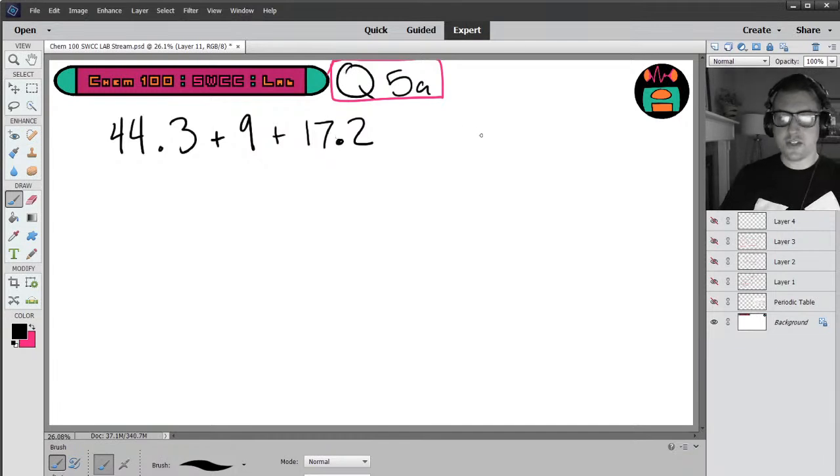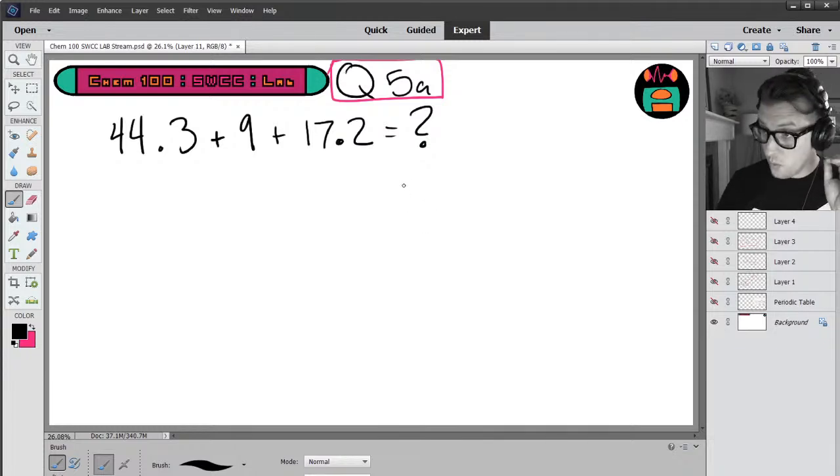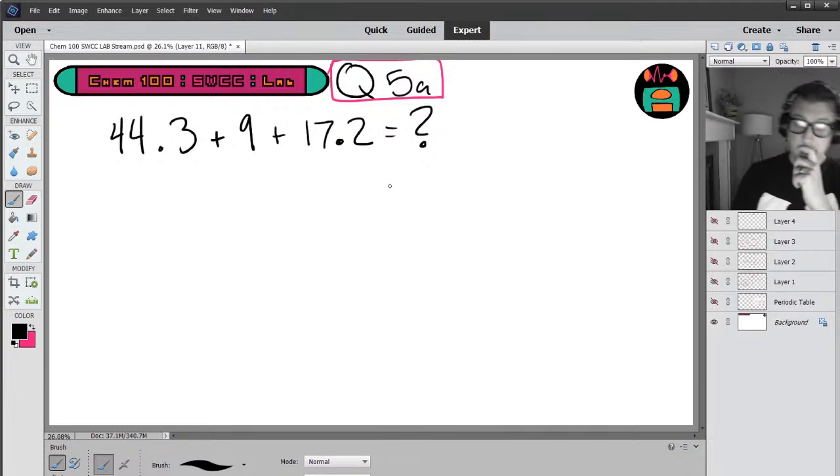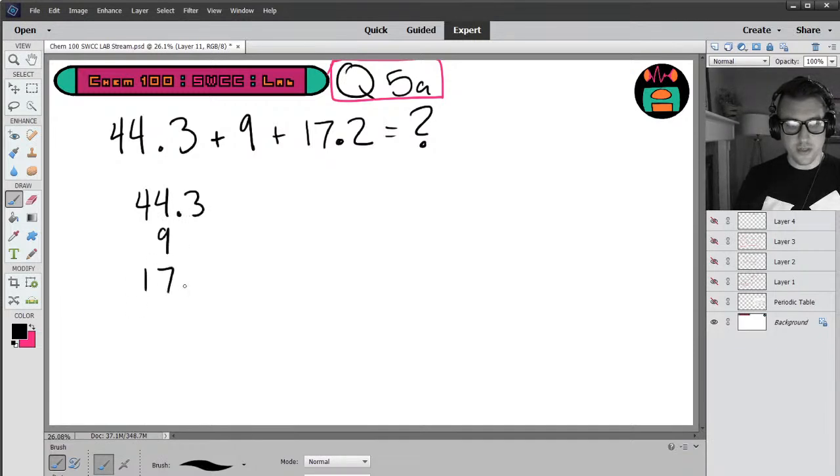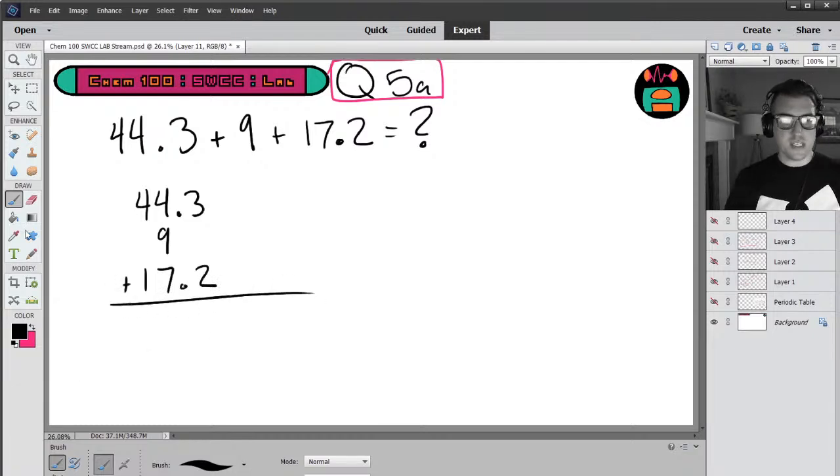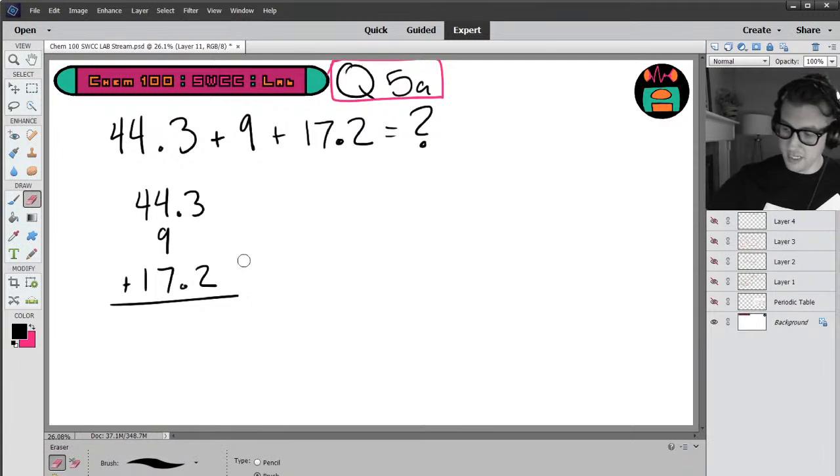We don't have to do scientific notation. We do have to do the correct number of sig figs. So I'm going to rearrange this because I think it's a little easier to visualize if I stack this situation. First step when you're doing any math problem is to do the actual math, right?